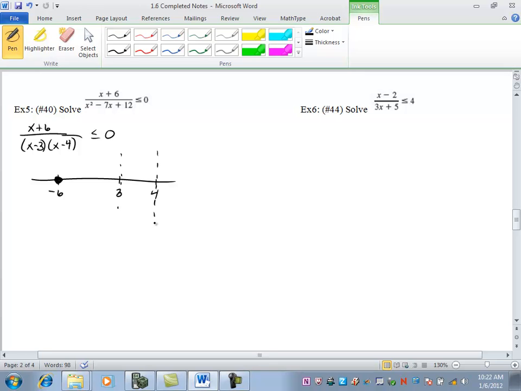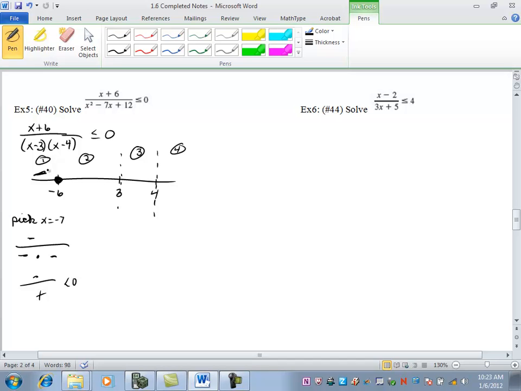And so now you'll see we've divided this up into 1, 2, 3, 4 regions. I'm going to pick a test point from each region. Let's pick x equal negative 7. And so this gives me a negative, because negative 7 plus 6 is negative, over a negative here times a negative here. So a negative over a positive is less than 0.